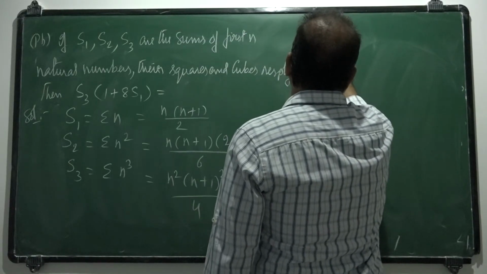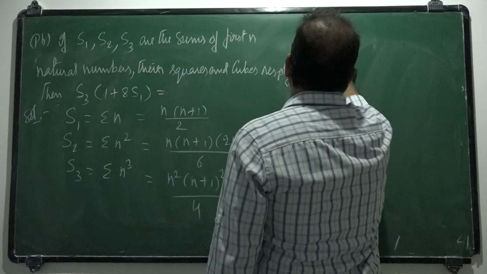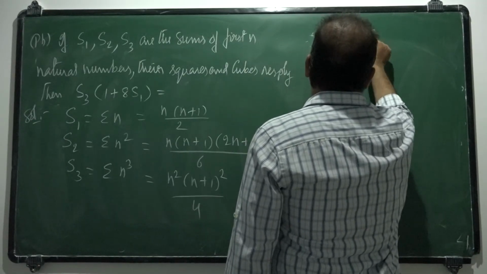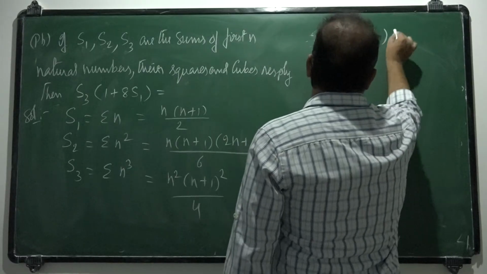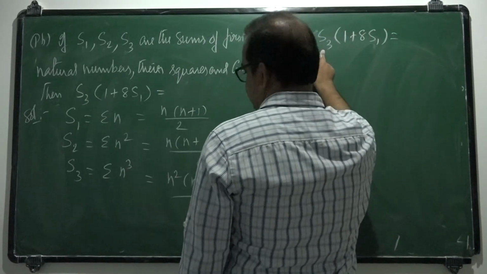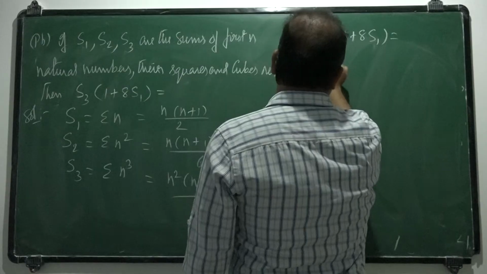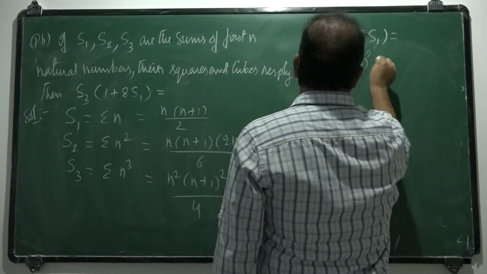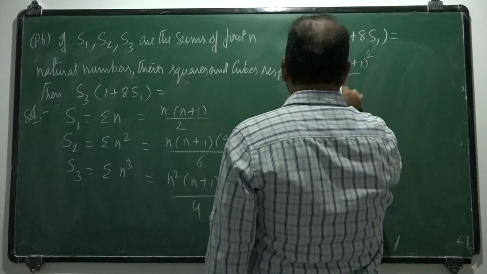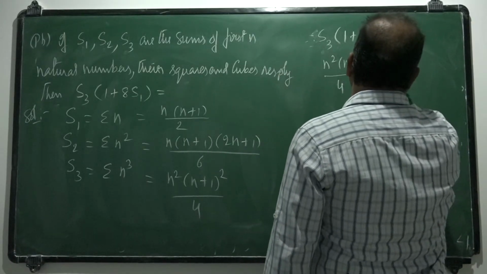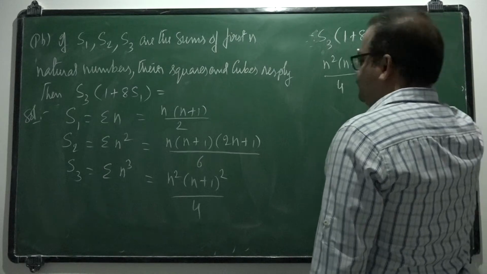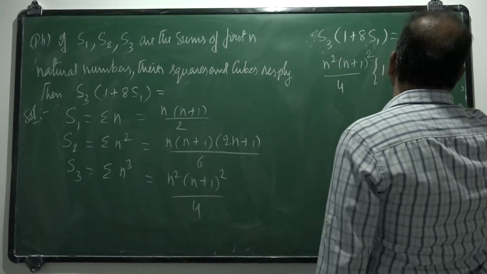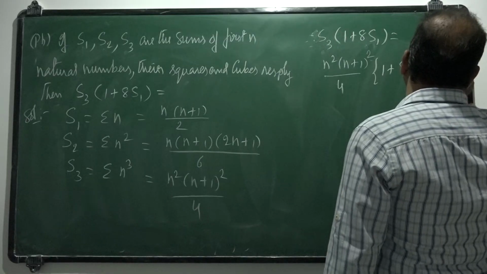Therefore S3 into 1 plus 8 into S1, that is equal. What is S3? N square into n plus 1 whole square by 4 into 1 plus 8 into S1. What is S1? N into n plus 1 by 2.